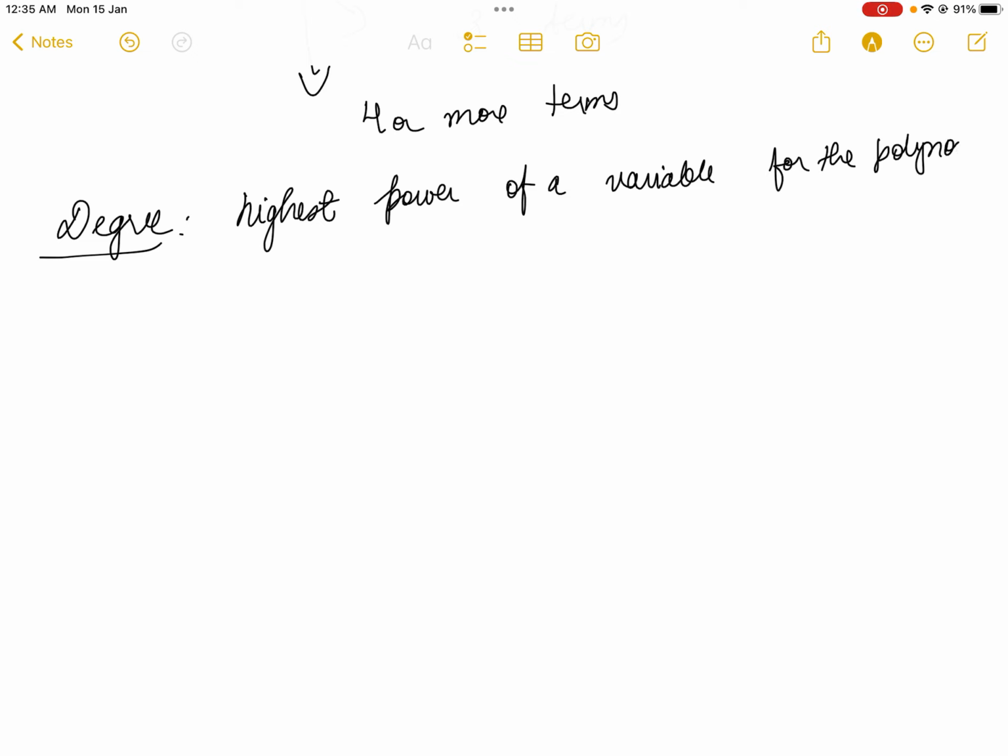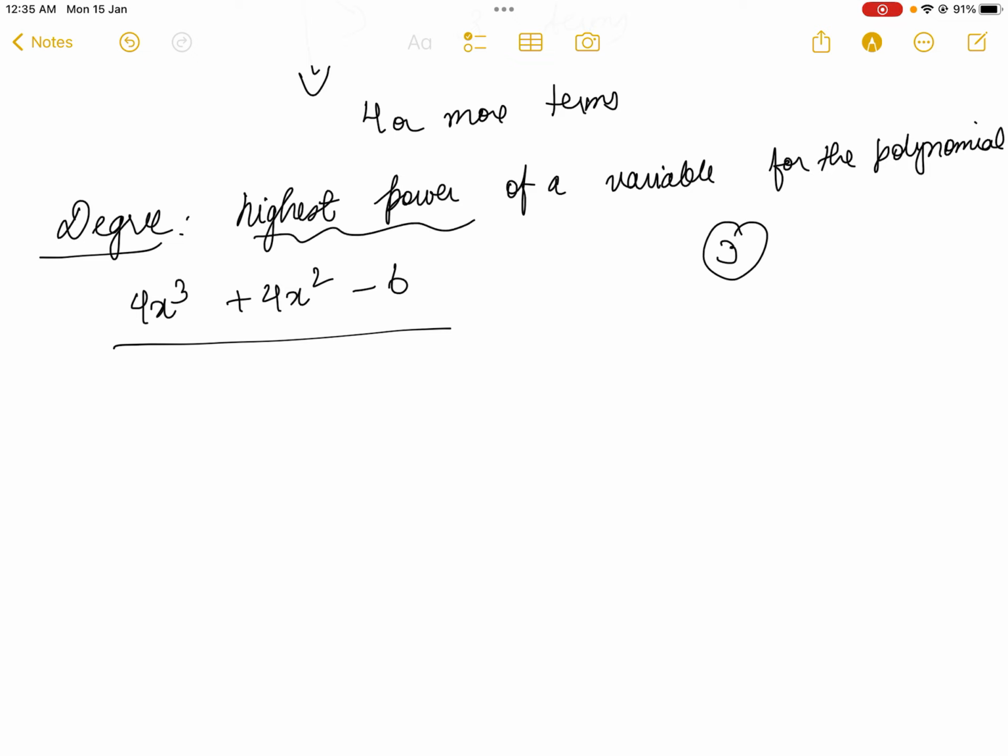All right, so if I asked you what is the degree of this polynomial, the degree is going to be 3. Why 3? Because what is the highest power? The highest power of the given variable is 3. So the degree of this given polynomial is 3.